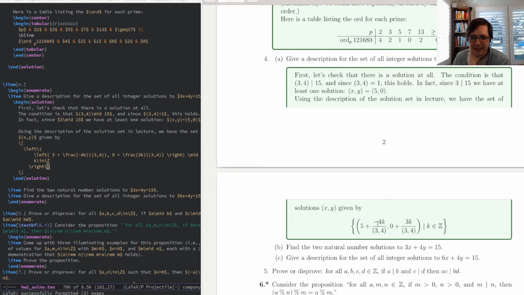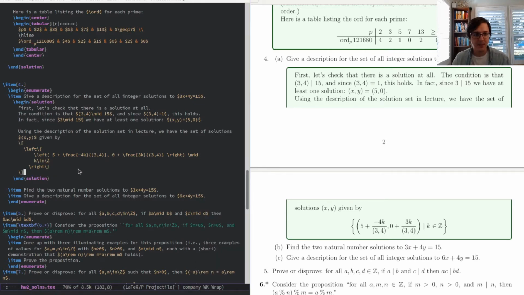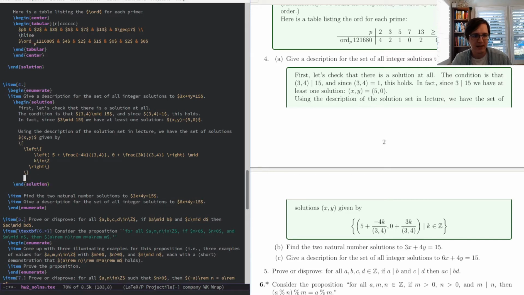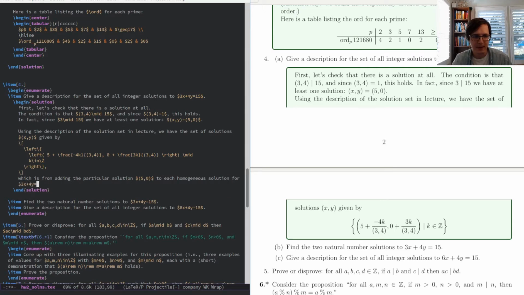So those indeed are homogeneous solutions. And we may as well simplify it. And let's say how we got that, which is from adding the particular solution (5, 0) to each homogeneous solution for 3x plus 4y equals 0.